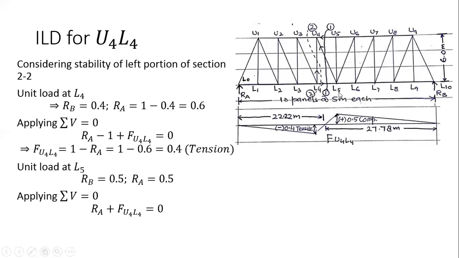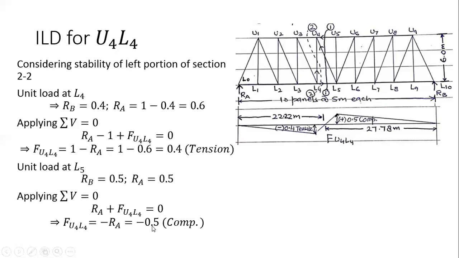So the load is here, so I will not consider the one load in the equation now. So RA upside, plus this force, that is F U4 L4 is equal to 0. There is no unit load here. So F U4 L4 is equal to minus RA.